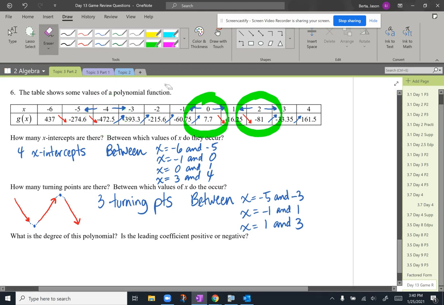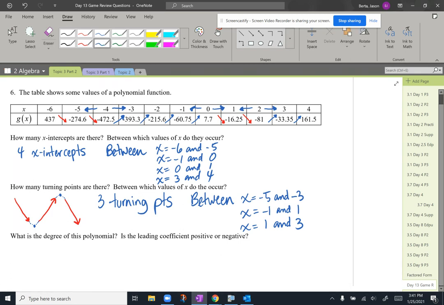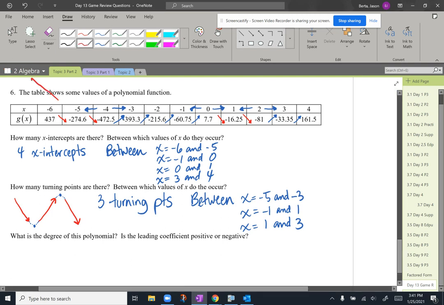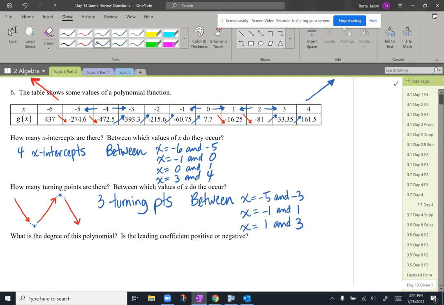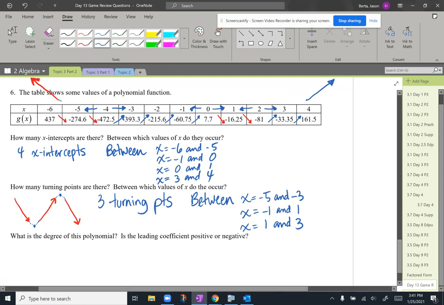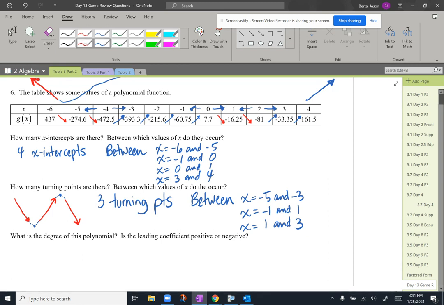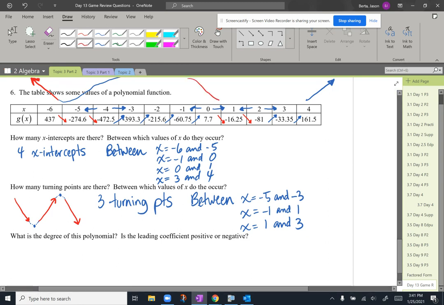Okay, what's the degree of this polynomial? Well, we have 3 turning points, and let's take a look at its end behavior. It looks like its end behavior kind of goes like this, and then on the other end it goes like this. In between, if you wanted to visualize what's happening, it's increasing, then it's decreasing, then it's increasing.